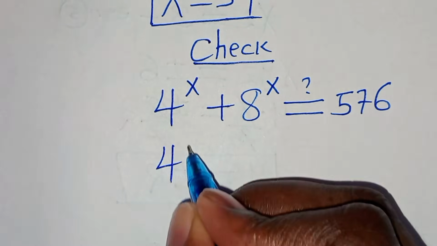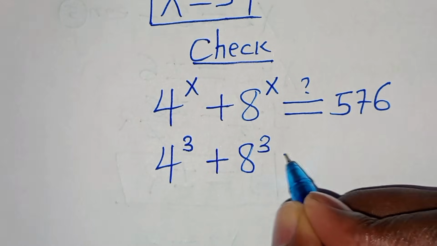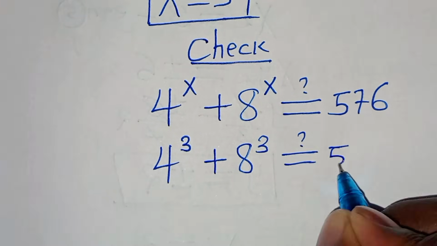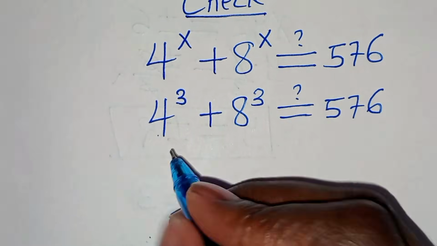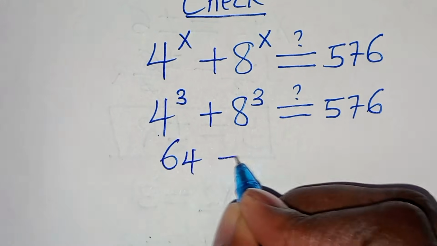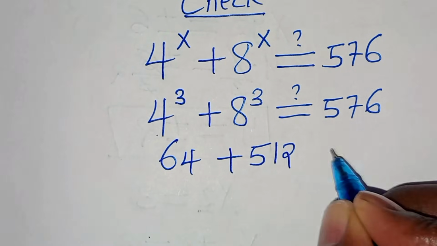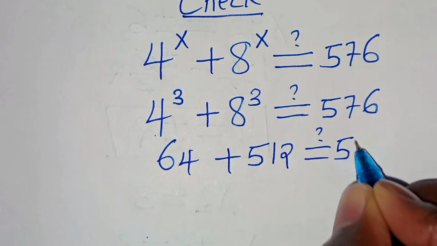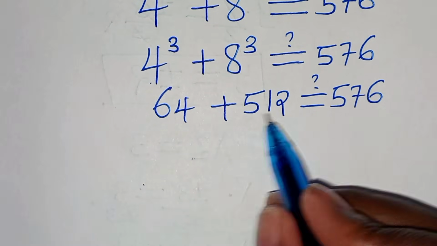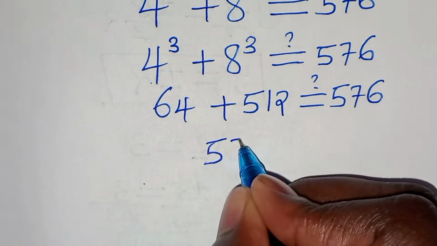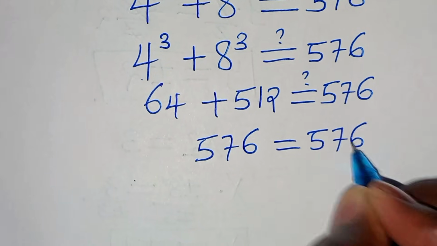So we have 4 to the power of 3 plus 8 to the power of 3. 4 to the power of 3, this is equal to 64, plus 8 to the power of 3, which is 512. Now, 64 plus 512, this is 576, which is equal to 576.